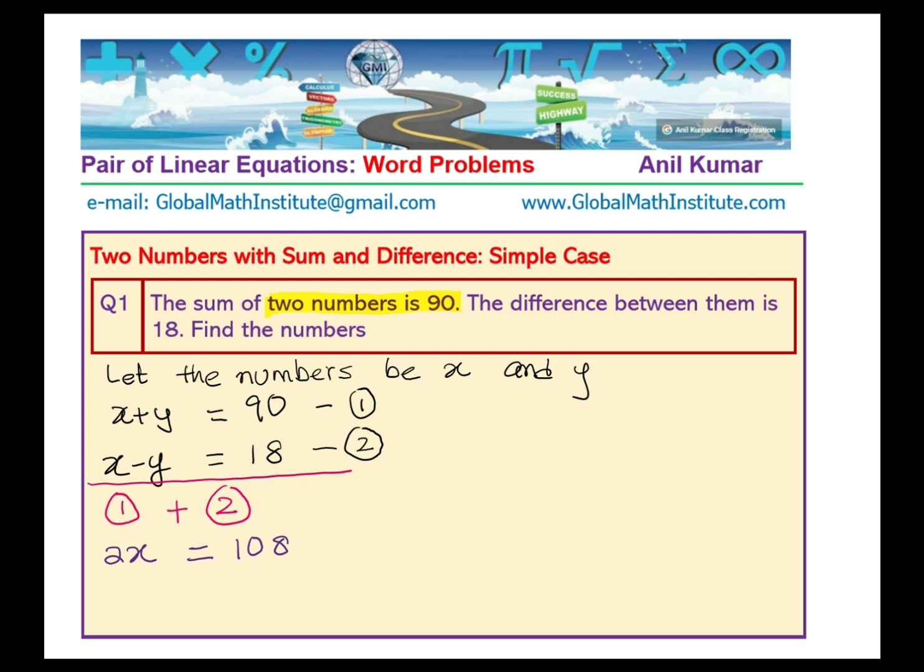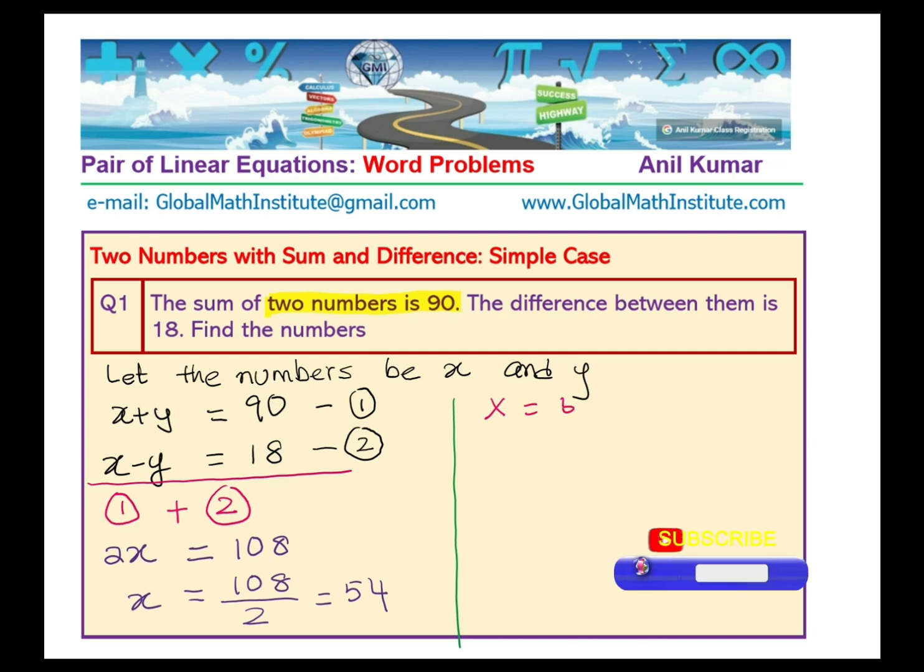And therefore, we can get the value of x equals to half of 108, which is 54. So we have found the first number, which is x is equal to 54. We can use one of these equations to find y.